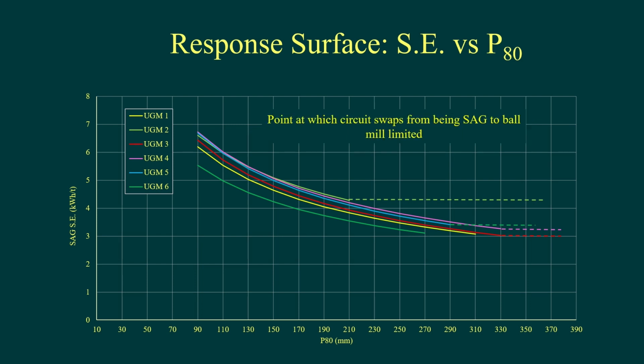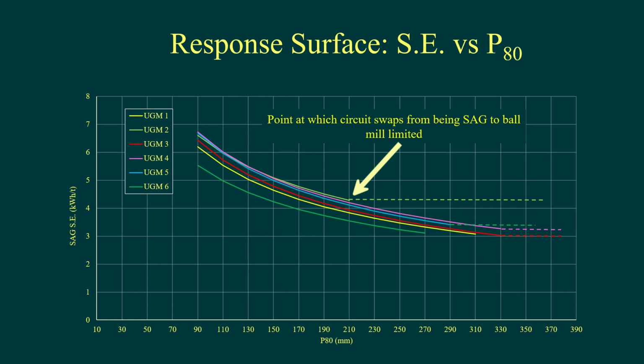Now, the important thing to note is that each of these curves terminates at a different point, and you can see where it terminates. I've drawn these horizontal dotted lines. Now, the significance of this point here, for example, that transition from the curved line to the horizontal line, is the point at which their circuit swaps from being SAG mill limited to ball mill limited.